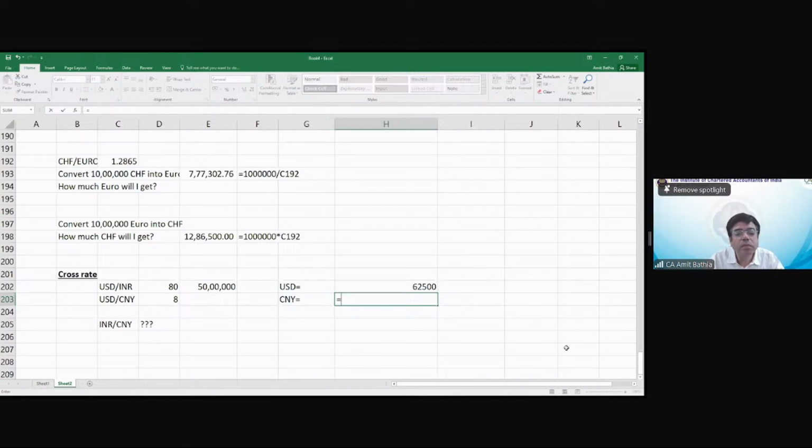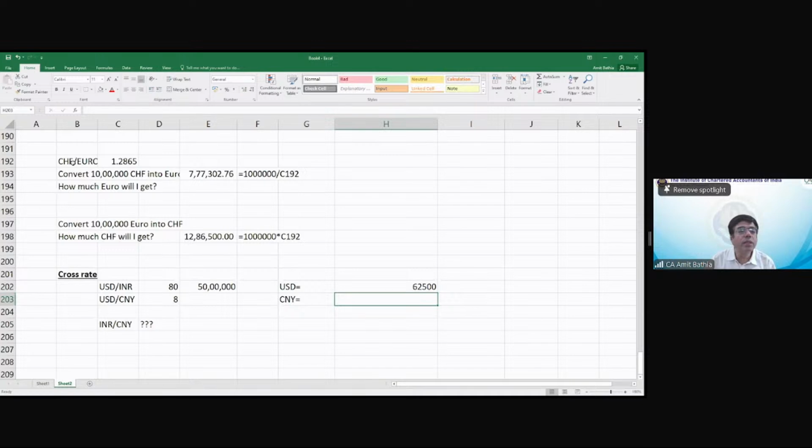Sir, but CNY is a weaker currency than INR. That's why the logic says 62,500 multiplied by 8. Okay. So first and foremost, you have to understand, as I said earlier also, whether you are going up the ladder or down the ladder. If I am going to convert, for example, 100,000 Chinese yuan into USD, then I am going the other way around.